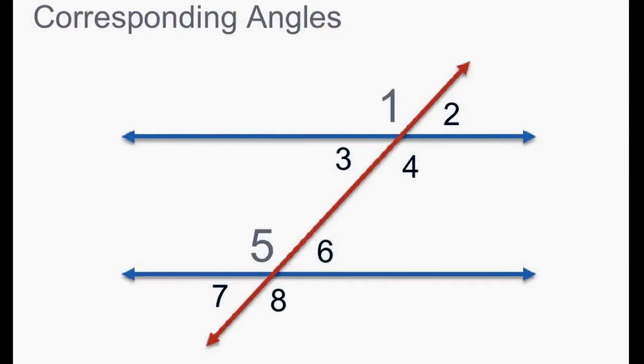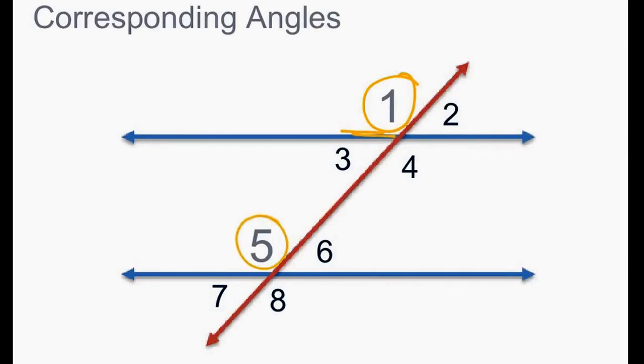Right, then we have corresponding angles. Corresponding angles are always on the same side of the transversal, and I like to think of them in the same position on the two lines. So for instance, if I'm looking at angle 1 here, it's to the left of the transversal and just above the blue line. Well, same thing with angle 5.